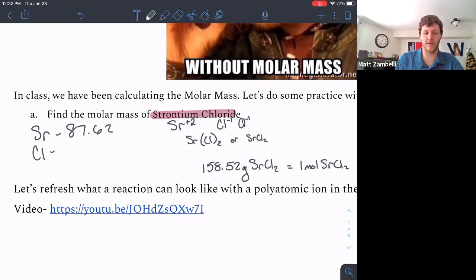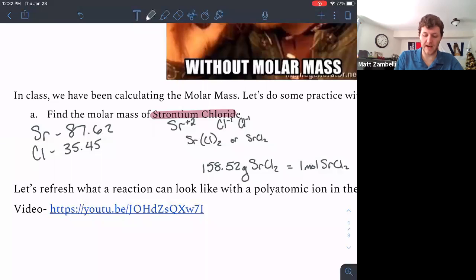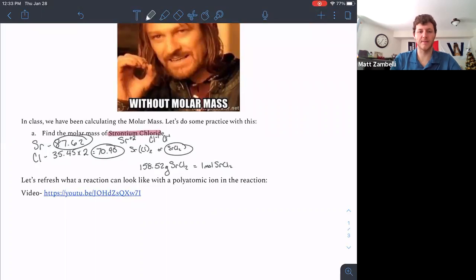And then what about chlorine? 35.45. And then we got to multiply it by 2. Perfect. Because there's 2 chlorines in here. And when you multiply it by 2, you got that 70.90. Perfect. And then we add these 2 numbers together. Nice job. Are there any questions on that?